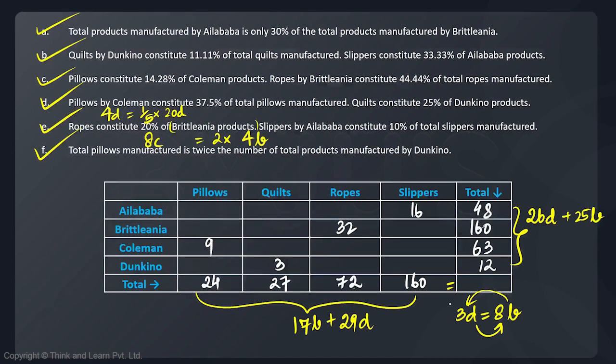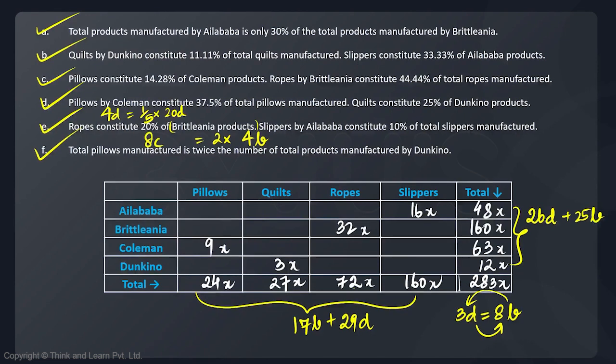If we add all these values, actually they are going to be in multiples of something, right? Not necessarily just exactly 16 and 32. So let's say these are x, 3x and 8x. So if we add all the values in the last row, which is the total, we will be getting 48 plus 160 is 208 plus 75. 208 plus 75 is 283x.